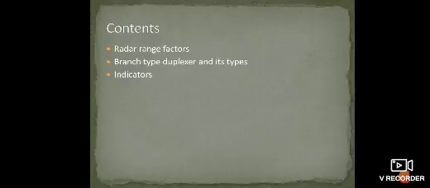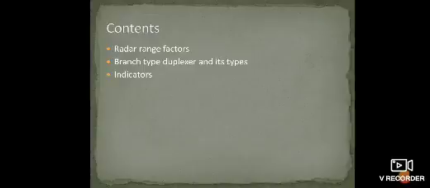But in this session, we are going to discuss radar range factors. What are the factors affecting our radar range determination? In the previous class I told why we derive the radar range equation.